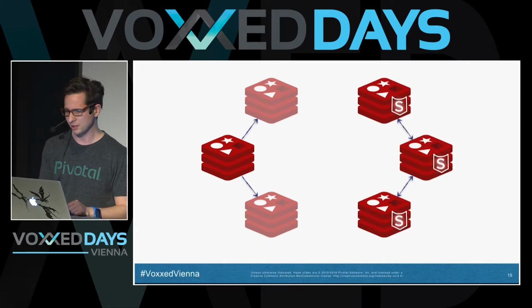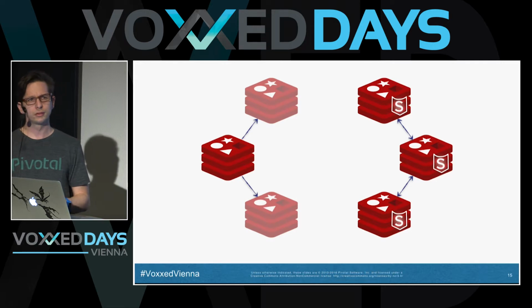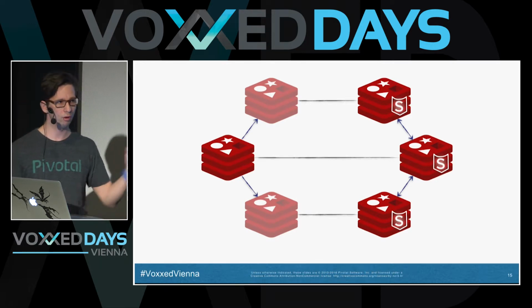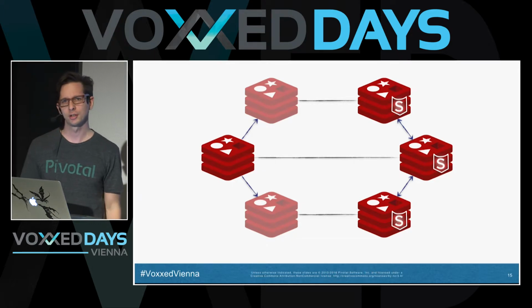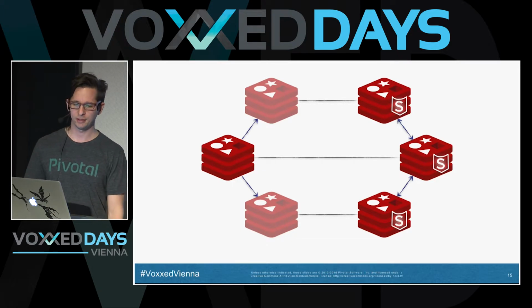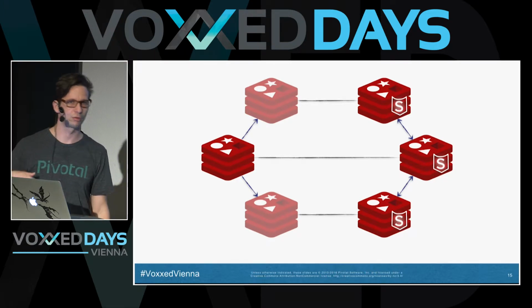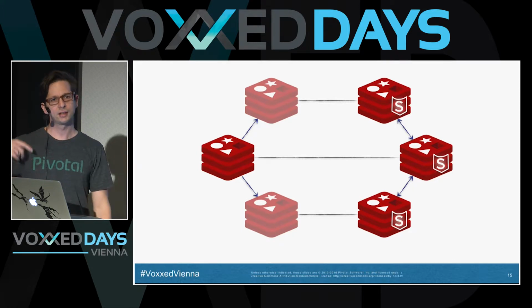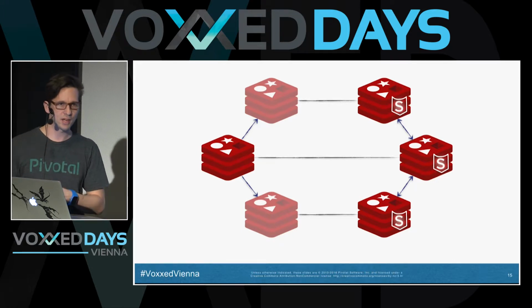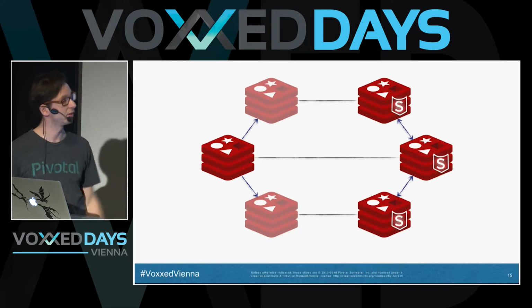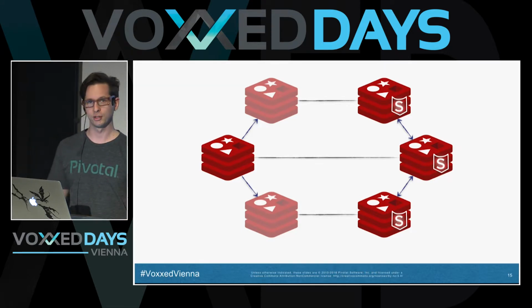So Sentinel is basically a Redis server that behaves a little bit differently. It watches all your master-slave configuration with a heartbeat and then checks if the master goes down, and then there is a master election going on, and the clients get notified automatically that the master is down and that a new master has been elected, and that this particular server, let's say the upper one there, is now the new master.